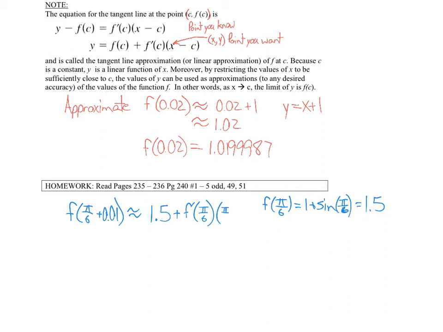So it's pi over 6 plus 0.01 minus the x coordinate. Well, the x coordinate is pi over 6, right? Yes. So notice the point that I want is the point where x is this. The point that I know is pi over 6, f of pi over 6. I know my numbers kind of ran into each other here a little bit.